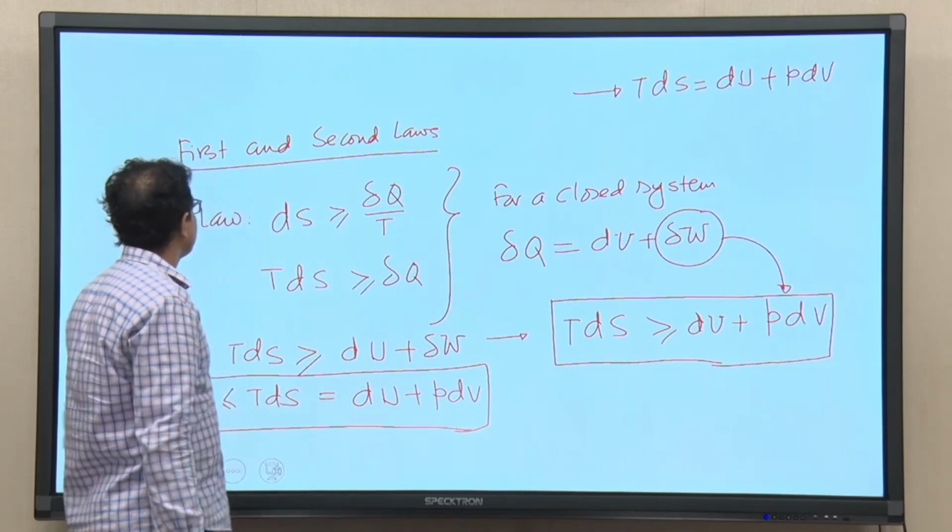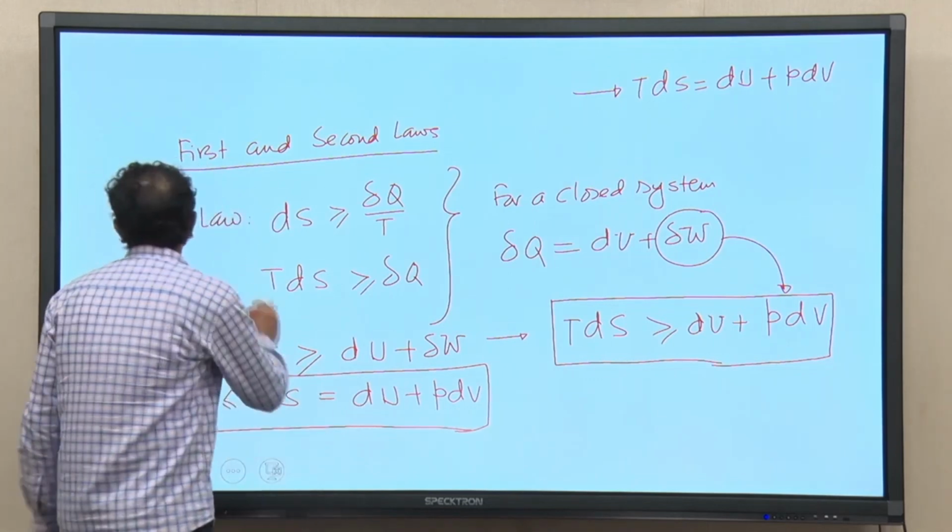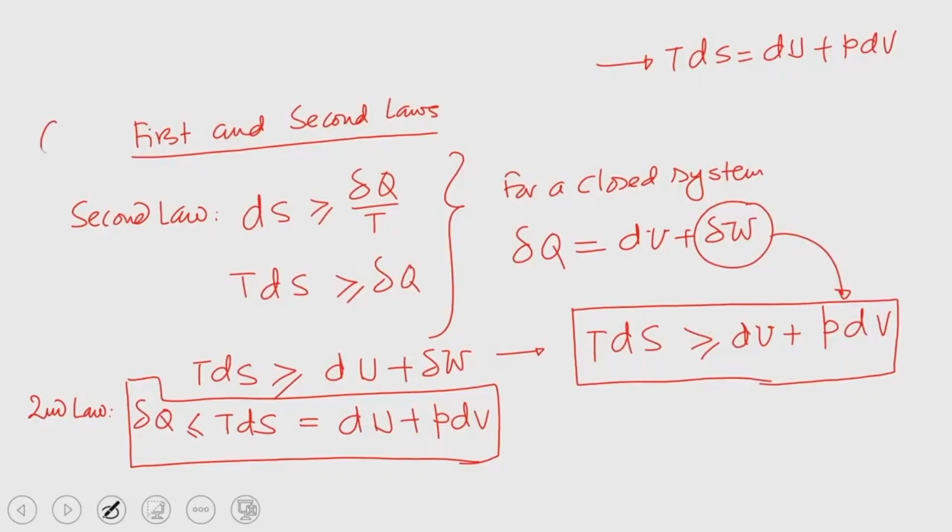So, this is the combined first and second laws for the closed system.